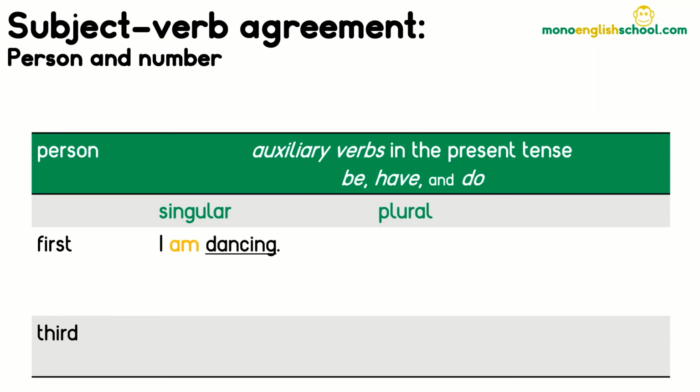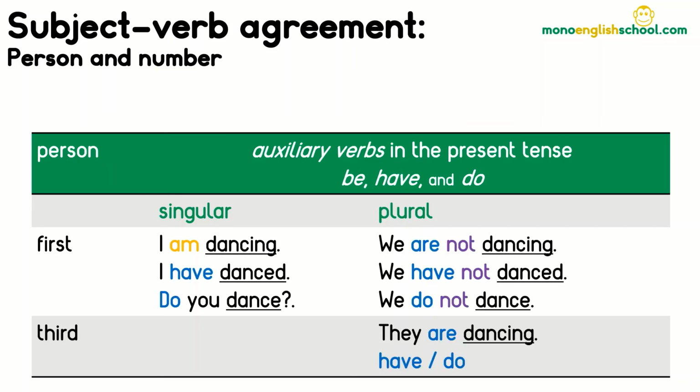For example, in the present progressive we say, I am dancing. The verb be is conjugated to agree with the first person singular subject and will change when the subject changes. But the present participle dancing will remain the same regardless of the subject.